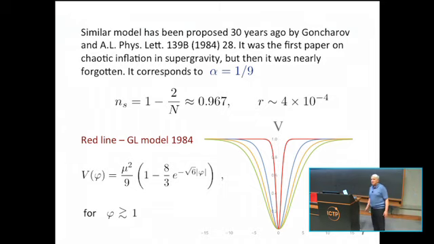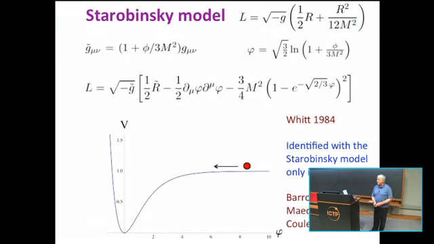This looked like a strange model with the potential going to a constant. Who cares about this? And it was actually the first example of a chaotic inflation model in supergravity. We tried this, we tried that, and then finally we did something, and this was this model, and then we forgot about it.